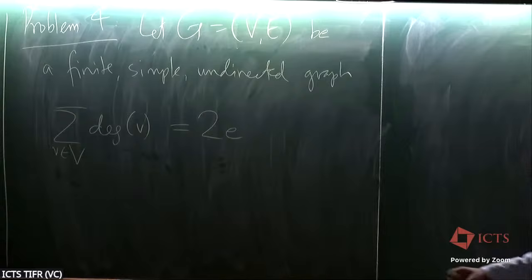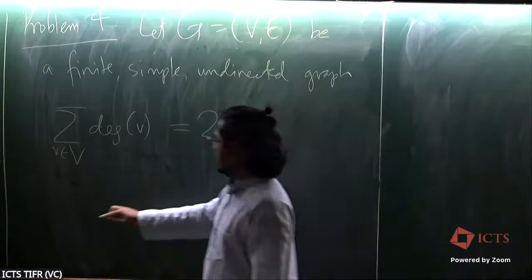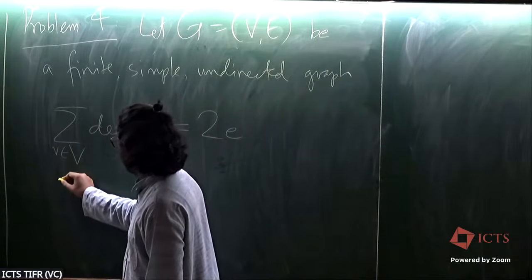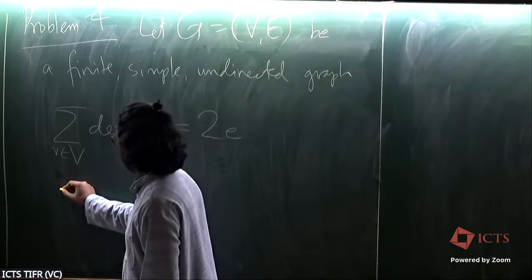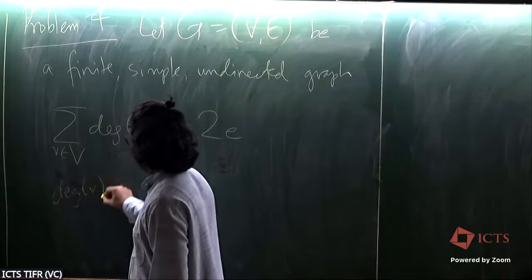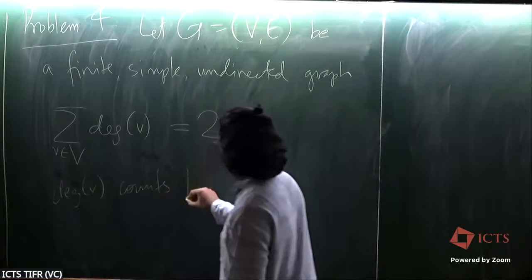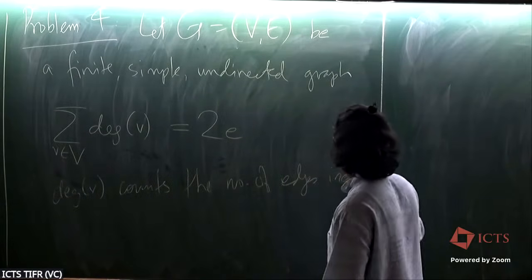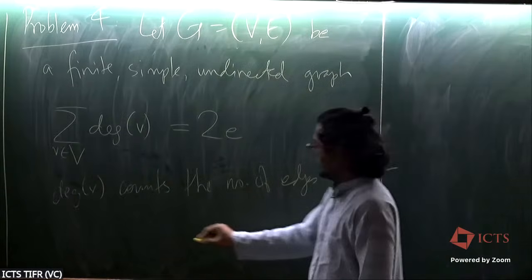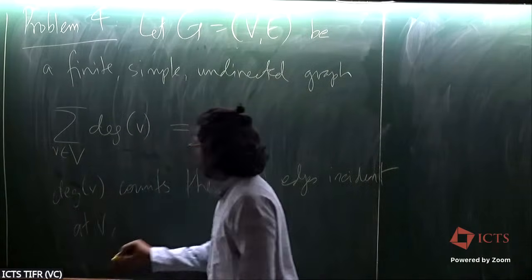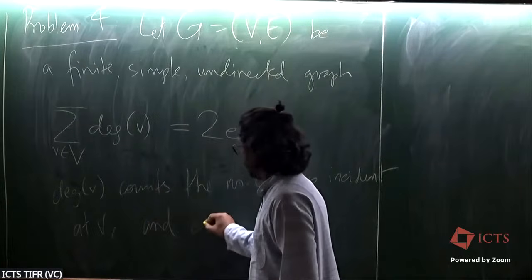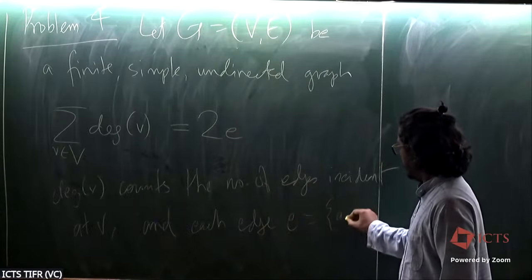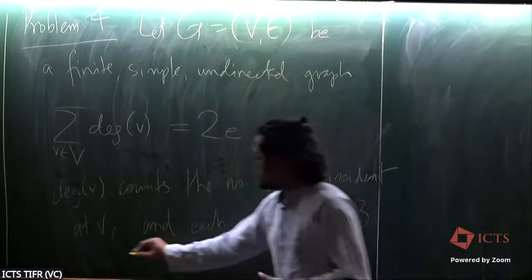Yeah, so that's a double counting argument, and it's a very neat argument. So let me just maybe write it in short over here. So how do I want to say this? The degree of V counts the number of edges incident at V, and each edge, let's say AB, is counted twice in this process.